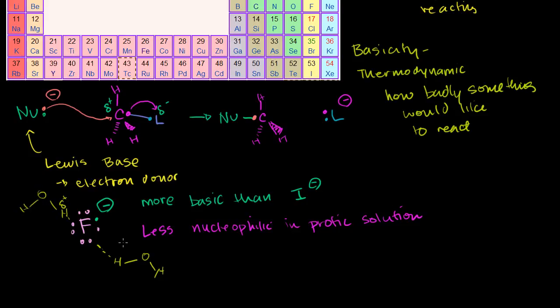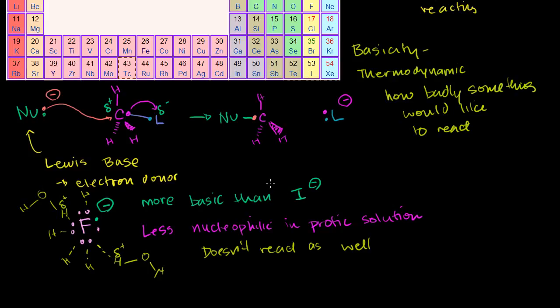These all have partial positive charges, so they are attracted to the negative anion, and they form a very tight shell, kind of protecting the fluoride anion, which makes it harder for it to react in a protic solution. So it doesn't react as well. If it was able to react, it would actually form a stronger bond than the iodide anion. So that's the big difference.